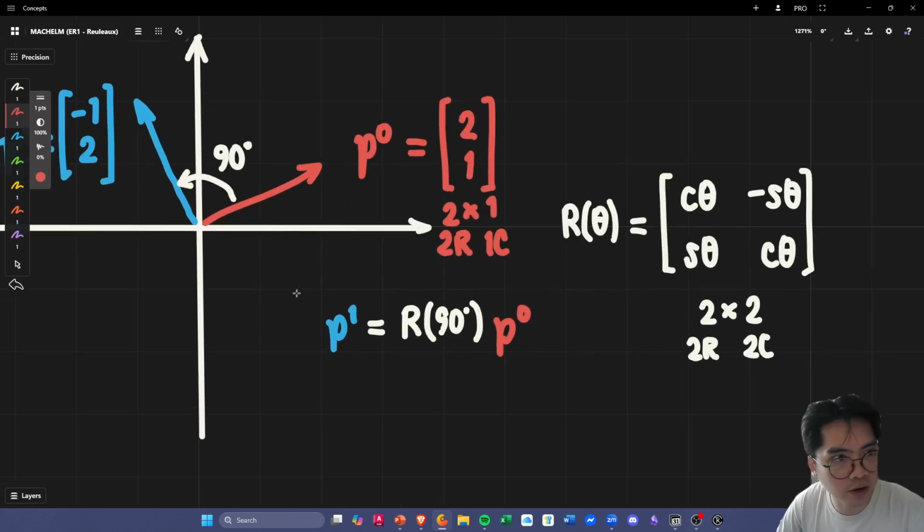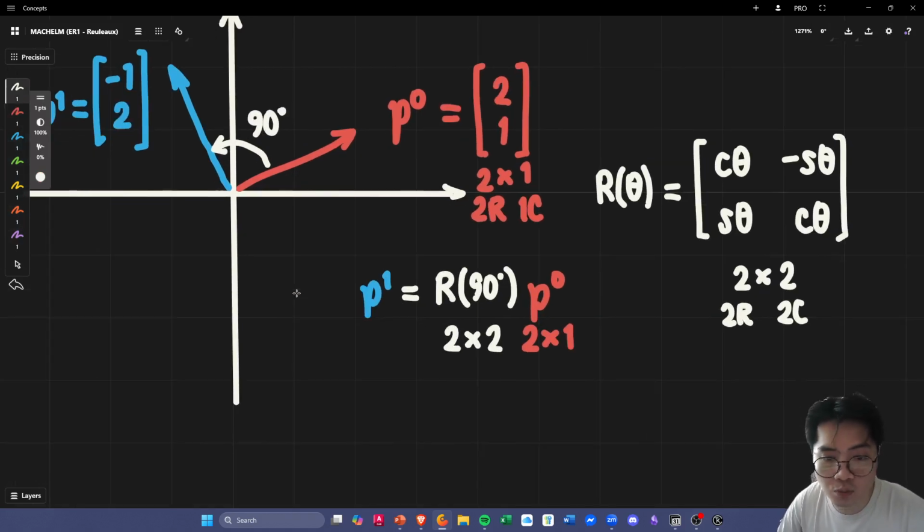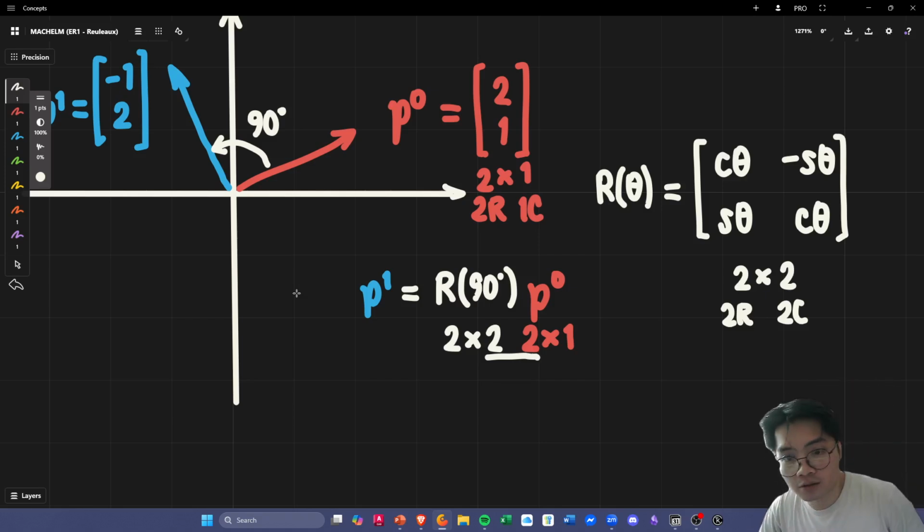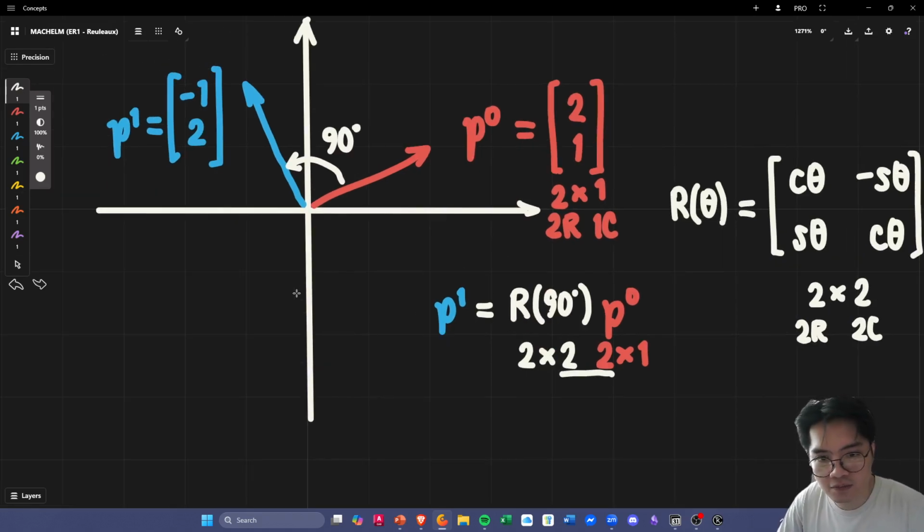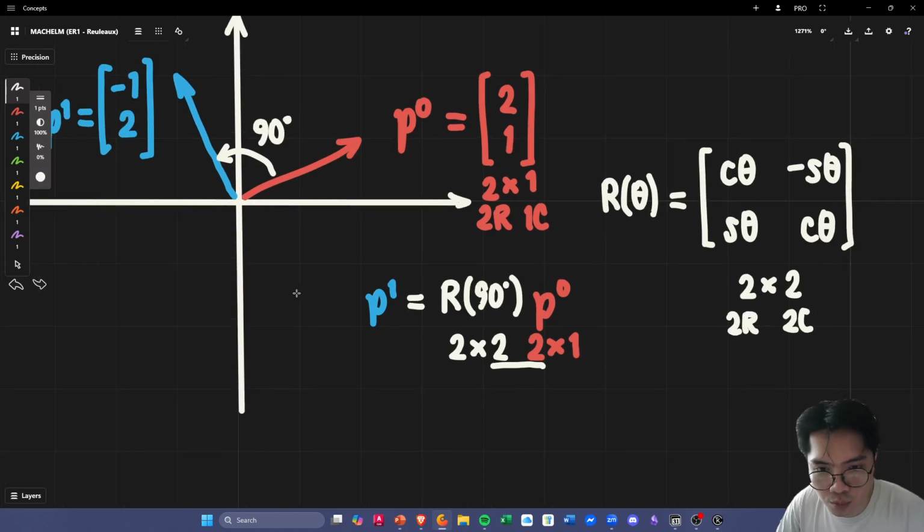Matrix multiplication will only work if these two touching numbers are the same. And you can also predict what the size of this thing is. If you just remove those two, you will see a 2 by 1. You will get in here, by multiplication, a 2 by 1 matrix.